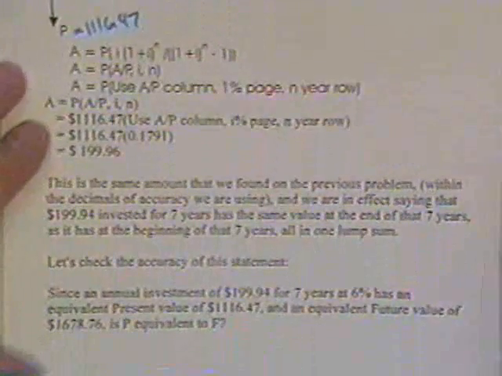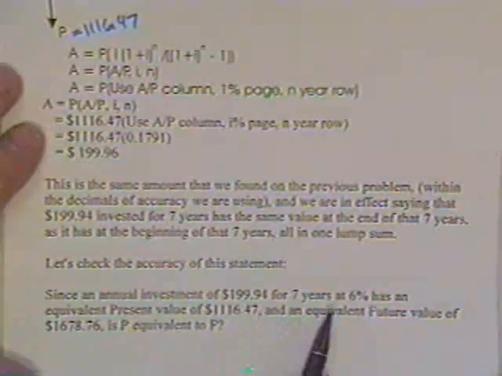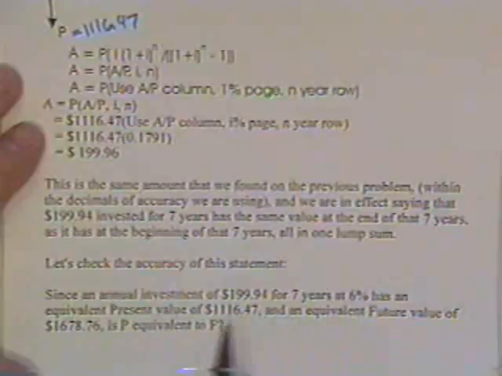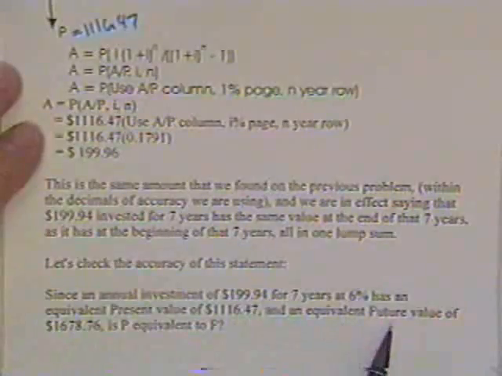What we're saying is that an annual investment of this for 7 years at 6% has an equivalent present value of this and an equivalent future value of this.